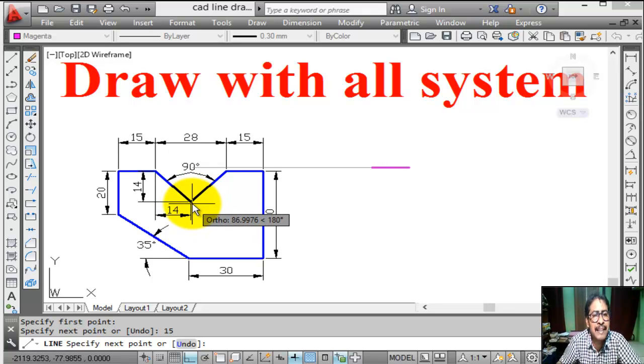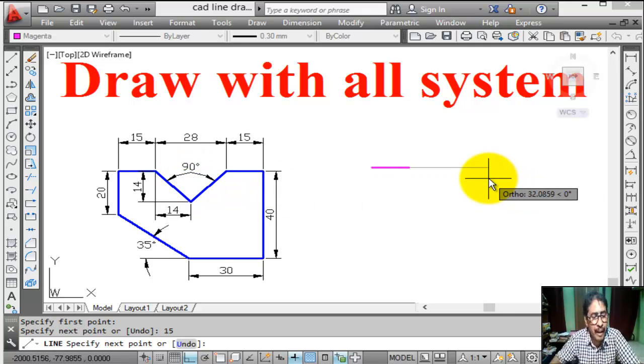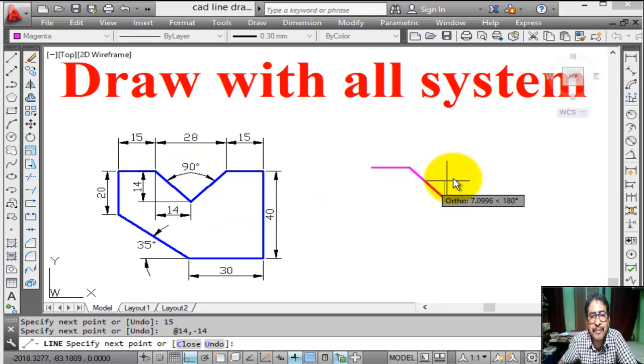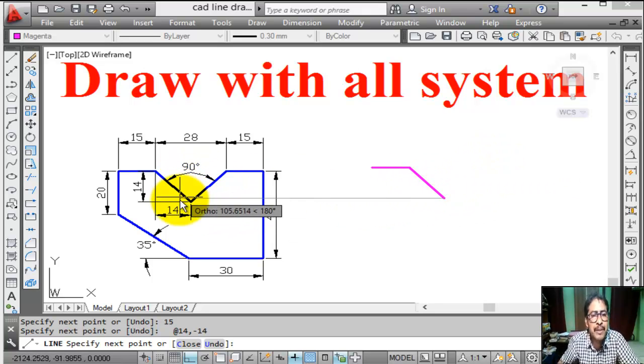Next, the coordinate of this point in the Cartesian system, this is 14, this is 14. We put the Cartesian system at the rate of x 14, y minus 14. Okay, this point coordinate is x 14, y minus 14.